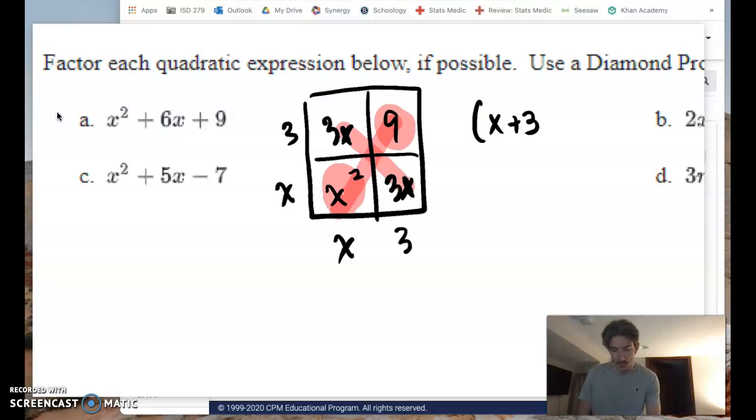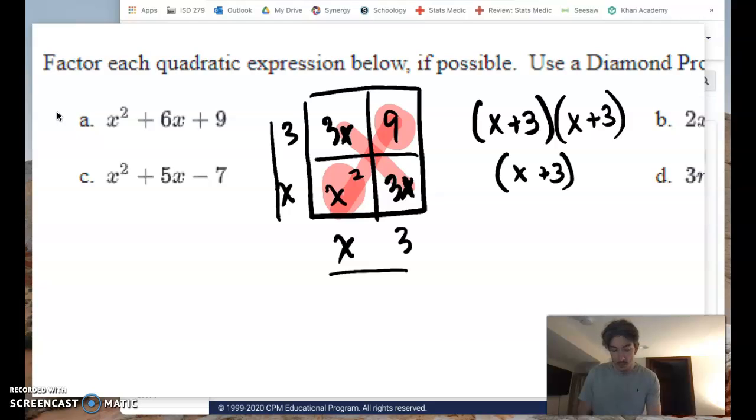I've got x plus 3 from the bottom and x plus 3 from the side, and that can be rewritten as x plus 3 squared because it's multiplied by itself. Either one of these would be just fine as the factorization.